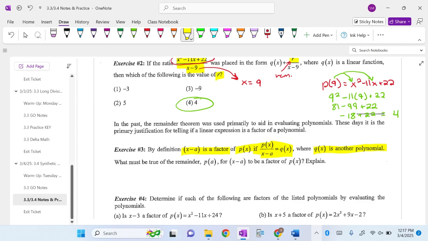So if you divided your original polynomial by your supposed factor, what do you think the remainder would be? So let's think about this. Recall back to Math 2 and Math 1 when you were just doing straight up factoring.